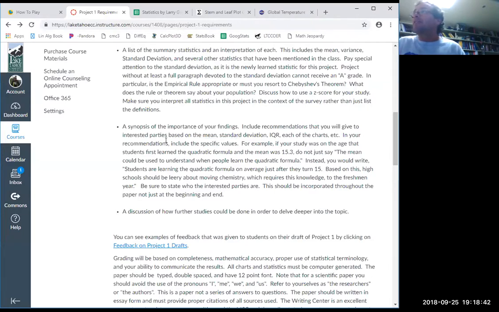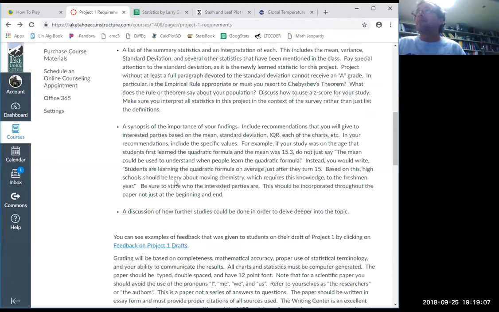For example, if your study was on the age that students first learned the quadratic formula, and the mean was 15.3, don't just say the mean could be used to understand when people learn the quadratic formula. You could have said that before you even knew it was 15.3. You see that? Instead, you could write, students are learning the quadratic formula on average just after they turn 15 years old.